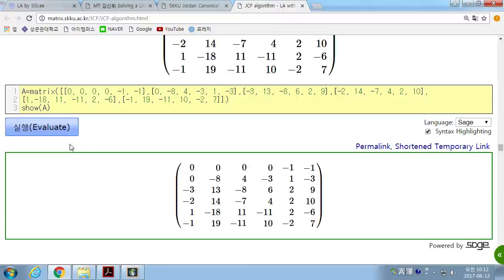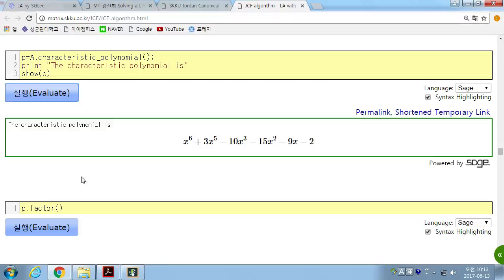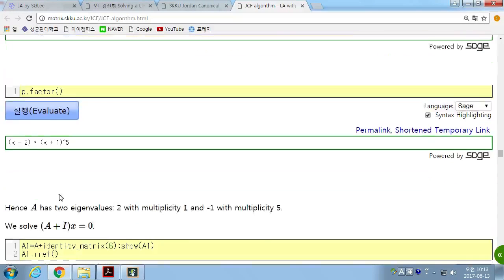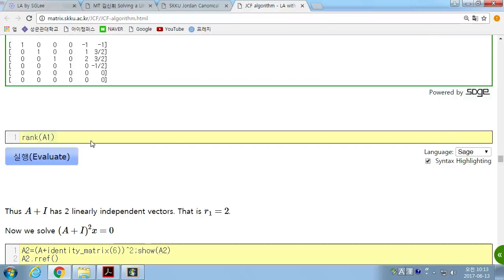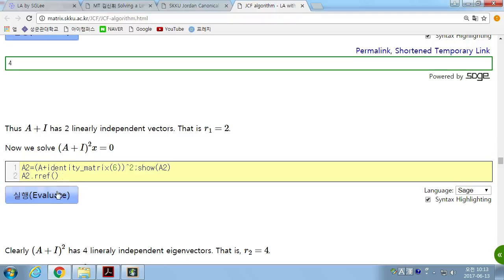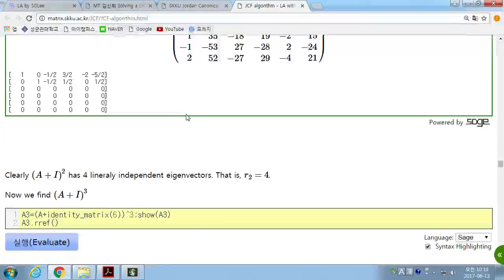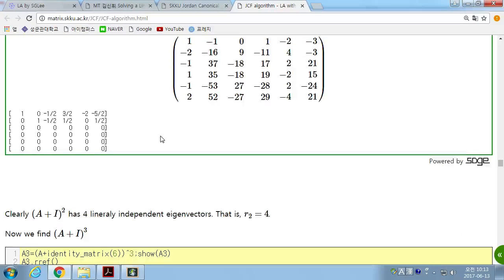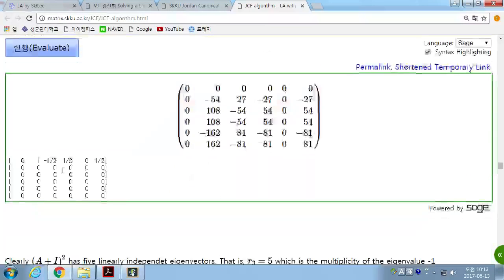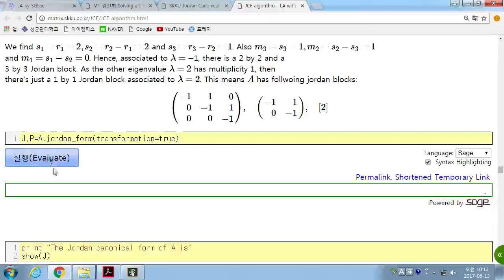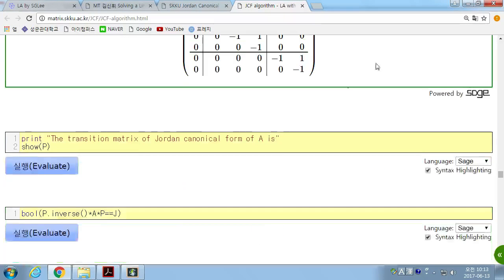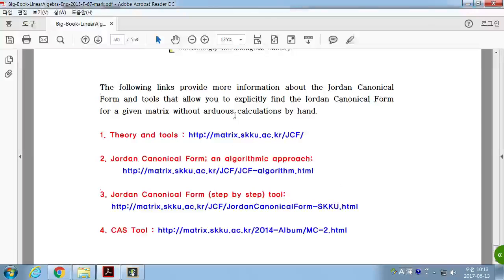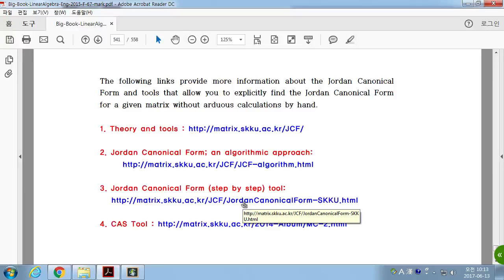This is an algorithmic approach to find the eigenvalues, solve for eigenvectors, find the lengths, find the Ri's, and find the Jordan canonical form like this. This is an algorithmic approach that you can go through, and this is a command where everything is all together.